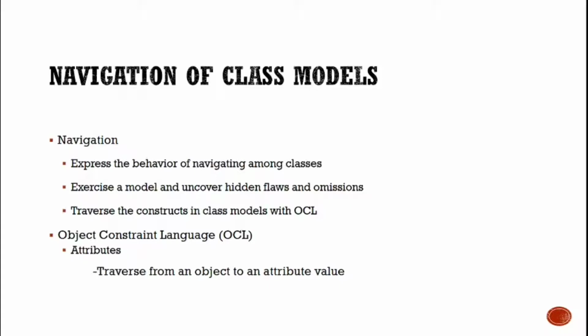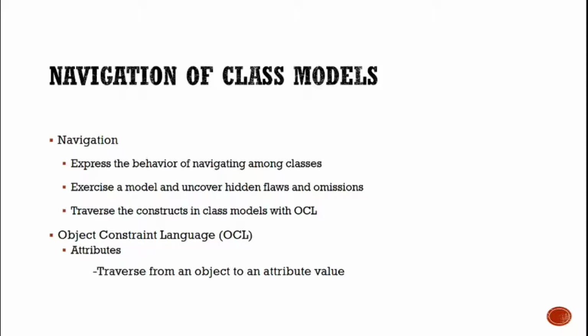So we'll see how to draw the class model. There is a credit card account class model for managing credit card accounts. Here we express the behavior of the navigation among the classes and models, and hidden flows.